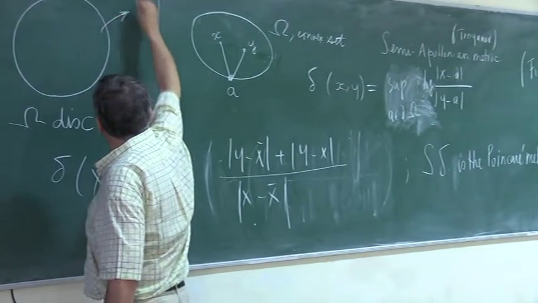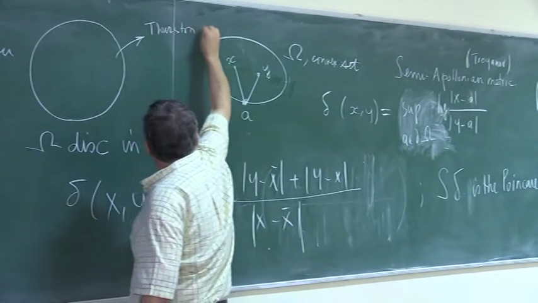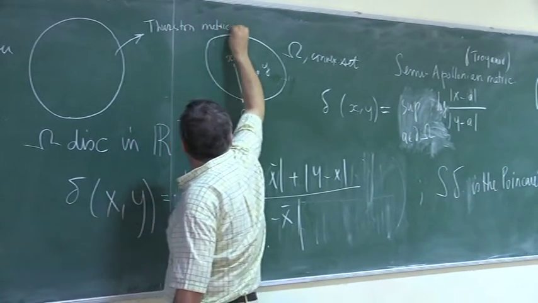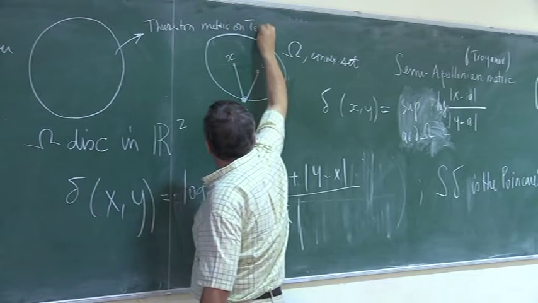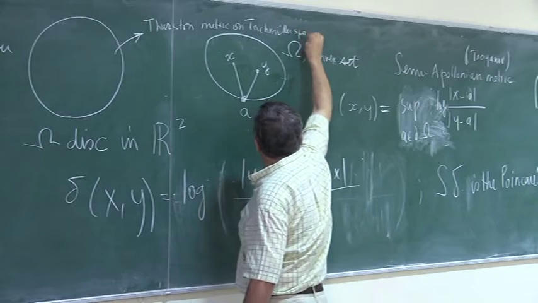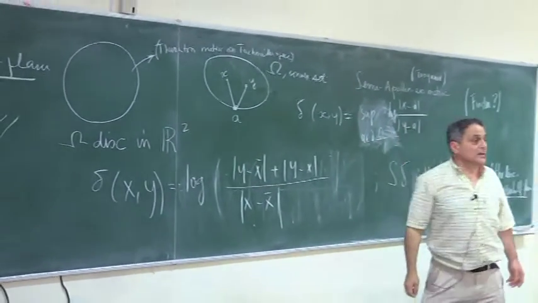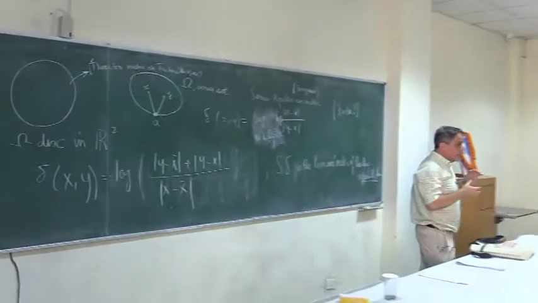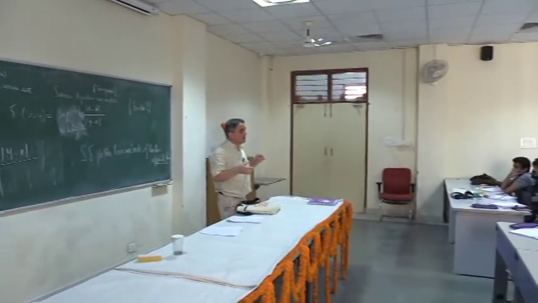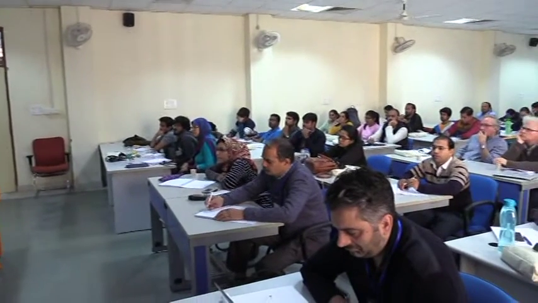I mentioned something about Thurston's metric on Teichmüller space. For those who know this thing, in the case of the torus, in the case of genus 1, the Teichmüller space is just one of these Euclidean models of the hyperbolic space.